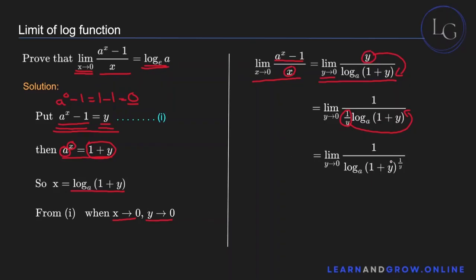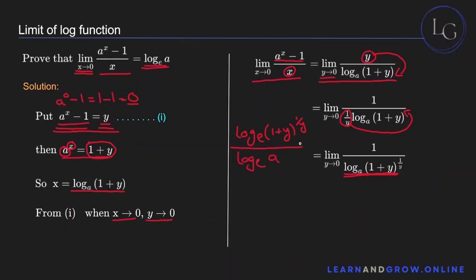Well, you basically do that by finding another form of this, and that you can do by taking the natural log of 1 plus y to the power 1 over y, over the natural log of the base, which is a, right?